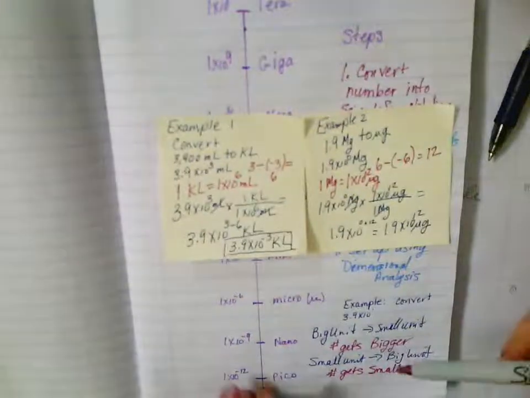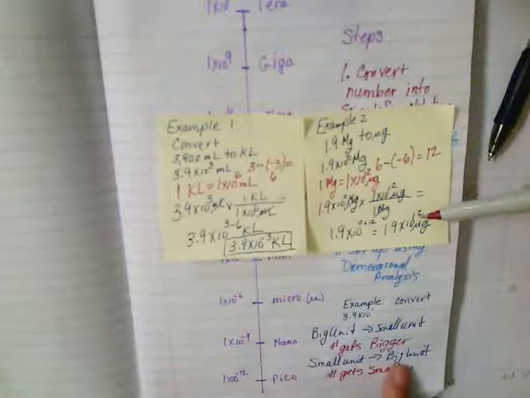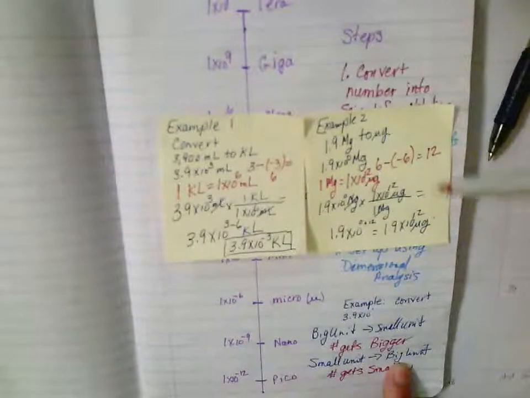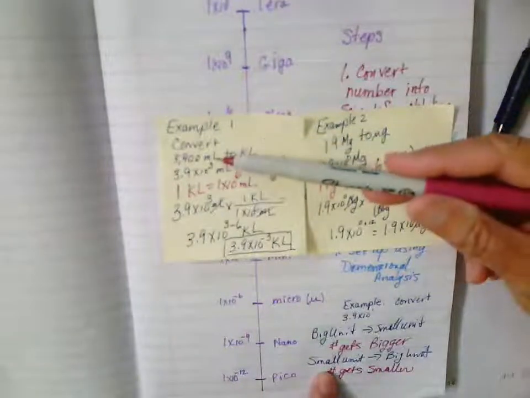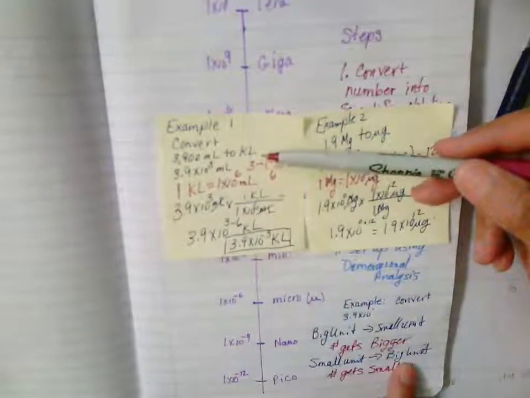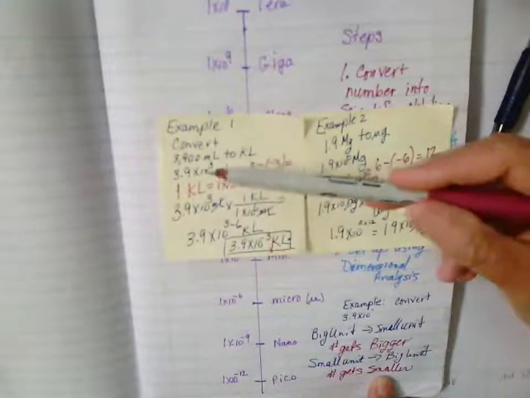And so an example of a big unit to a small unit would be like example 2, and our number got bigger. And on the first example, we went from a small unit to a big unit, and so our number got smaller. Negative exponent means it's a smaller number.